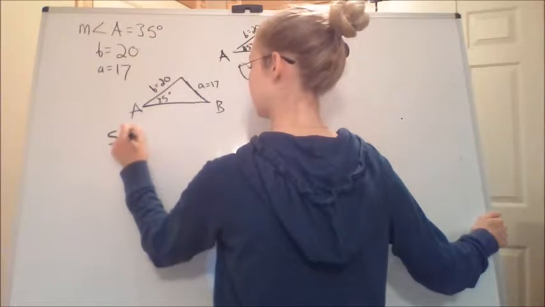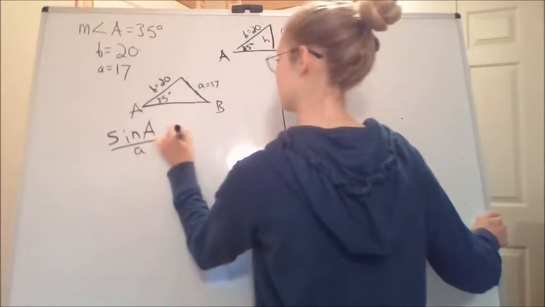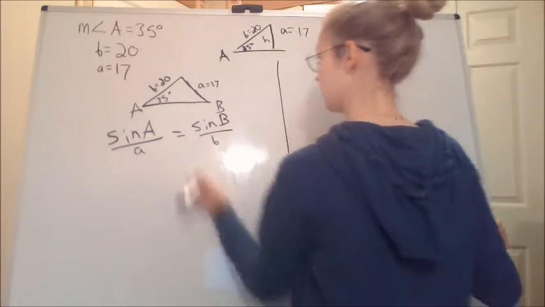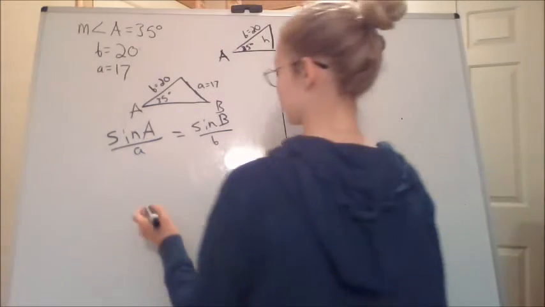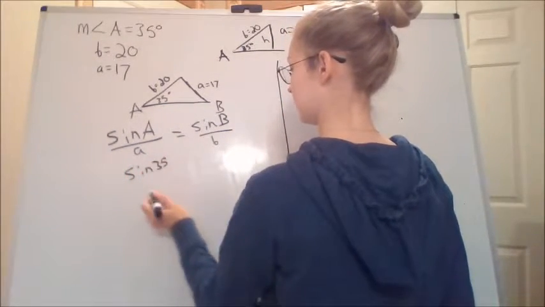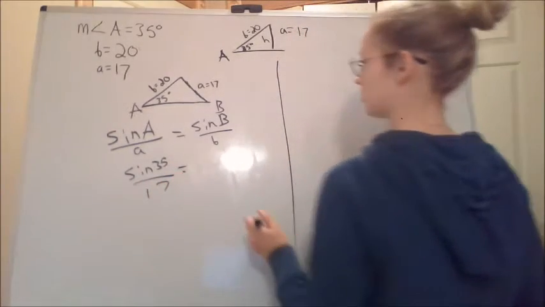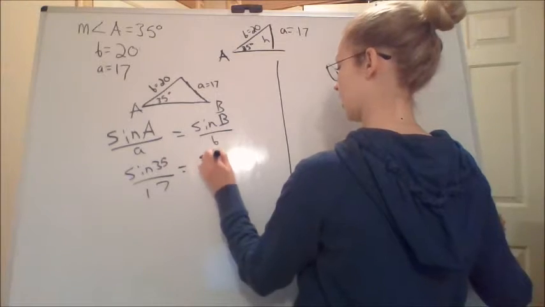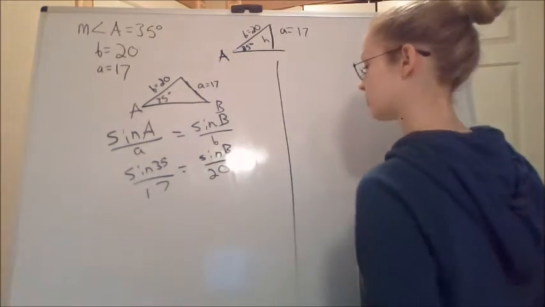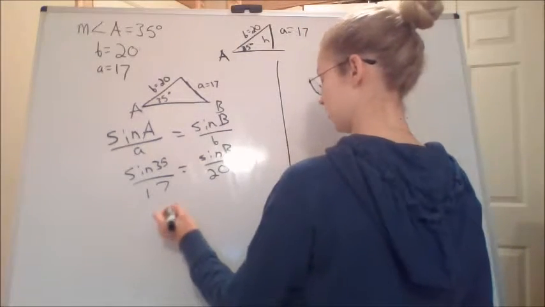Sine of angle A divided by A is going to equal sine of B divided by B. So let's plug in. Sine of A is going to be sine of 35, divided by 17, and that's going to equal sine of B, which we have no idea what that is, divided by 20.